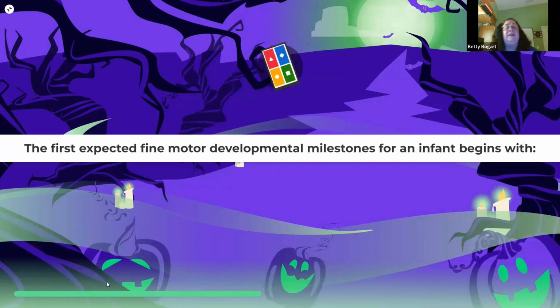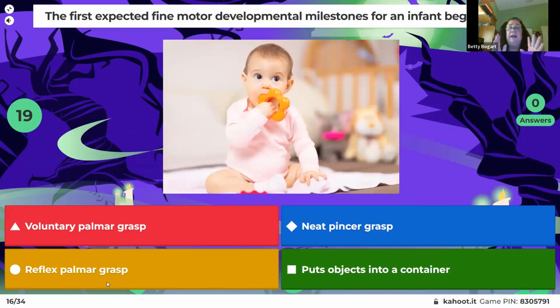The first expected fine motor developmental milestone for an infant begins with. Now, there's fine motor and gross motor. Think of fine, F, fingers. Gross motor, G, get up and go, go, go, like Paw Patrol. Gross, that's movement. Fine motor is fingers. Remember that.